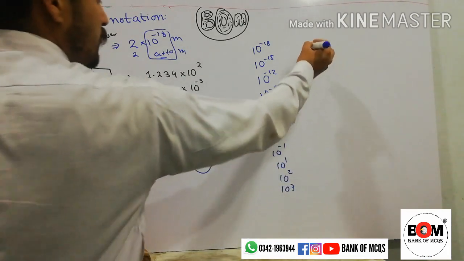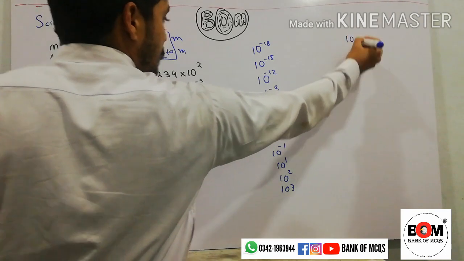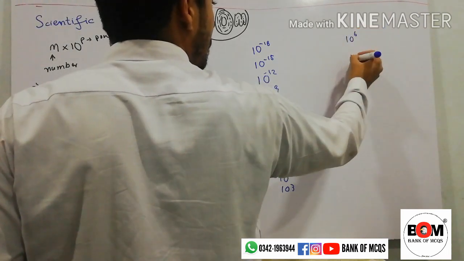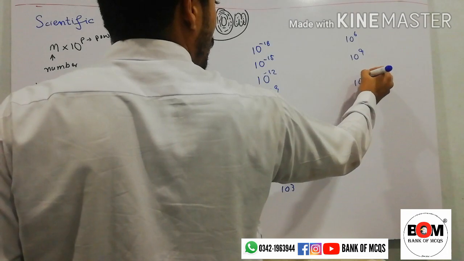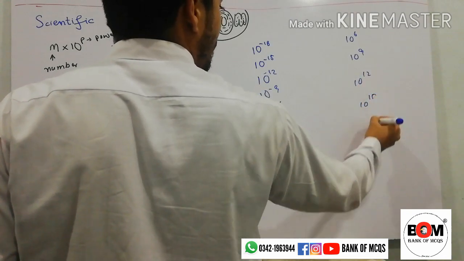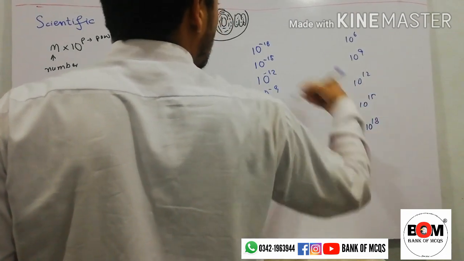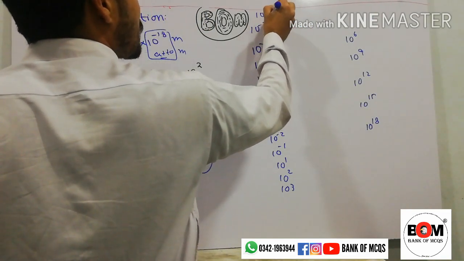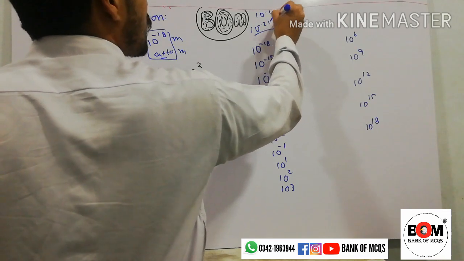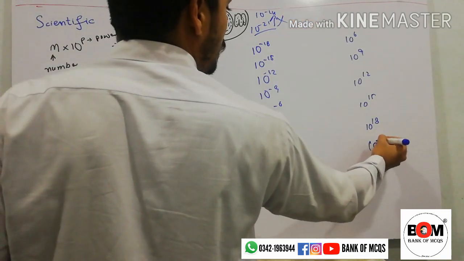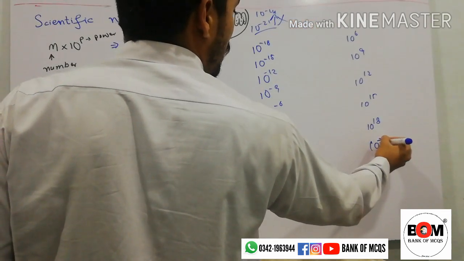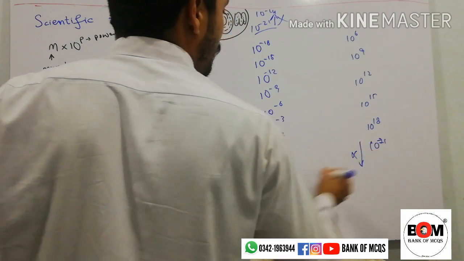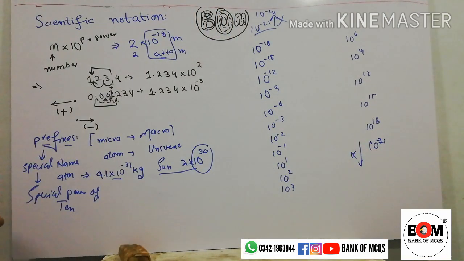After 10 raised to the power 3, we use 10 raised to the power 6, 9, 12, 15, and 18. There are also 10 raised to the power minus 21, minus 24, and so on, but this is out of course. Similarly for 10 raised to the power 21, that is out of course. So these are special powers of 10 which are given special names, and these are called prefixes.